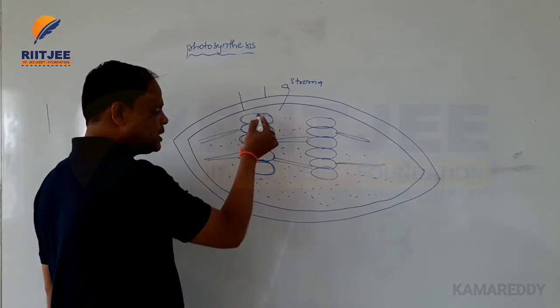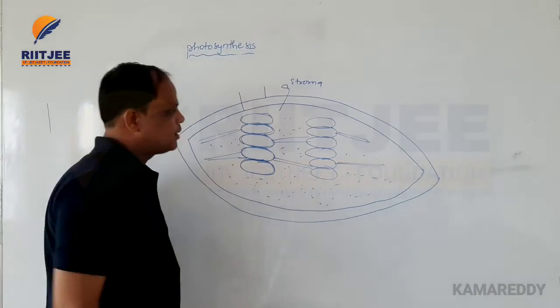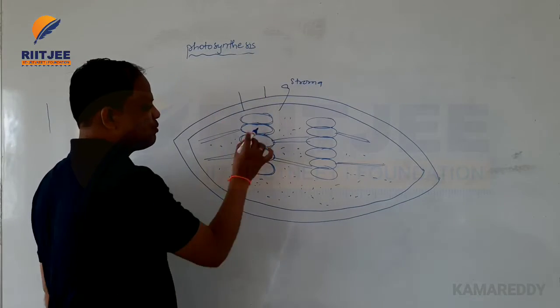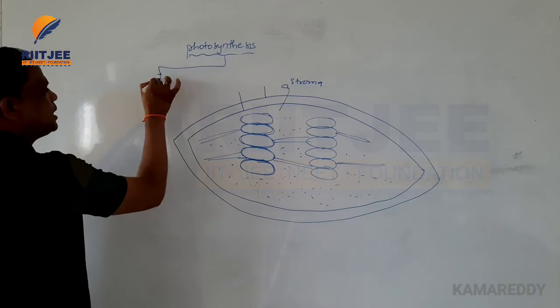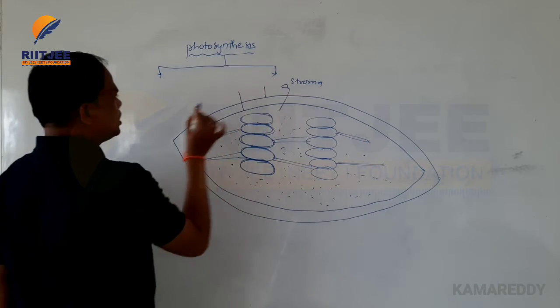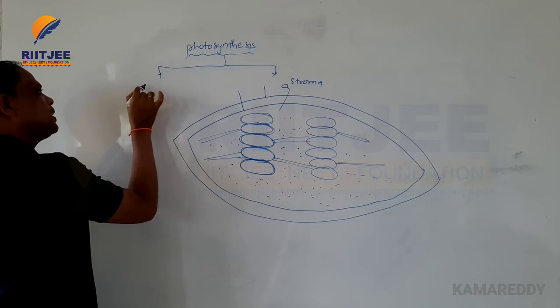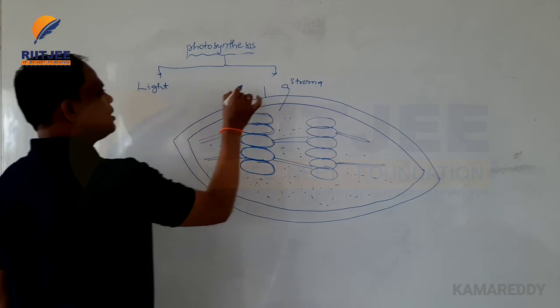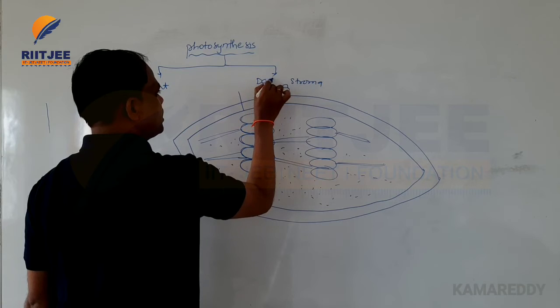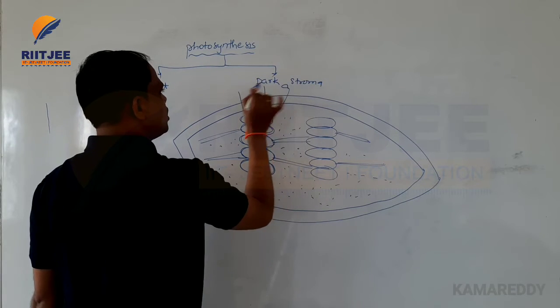Inside of these thylakoids the process of photosynthesis is carried out. Photosynthesis can be divided into two types: one reaction is the light reaction, and the other one is the dark reaction.